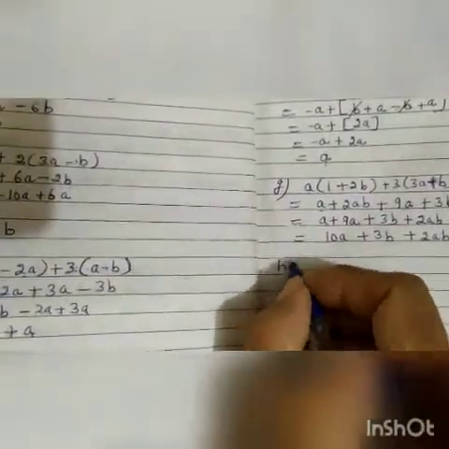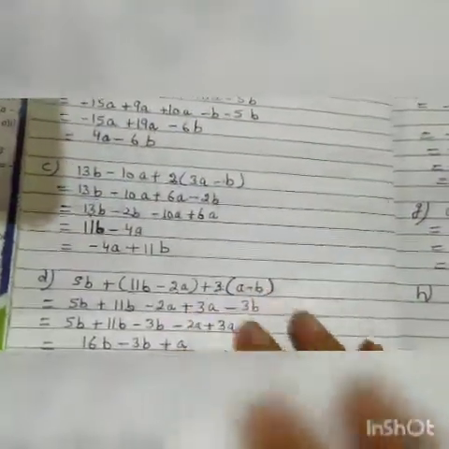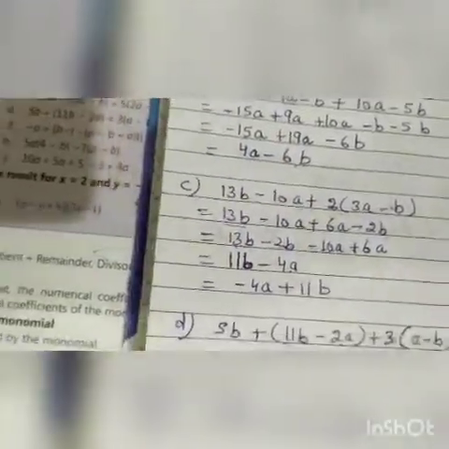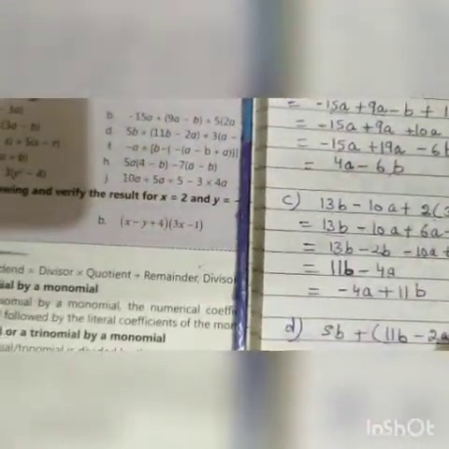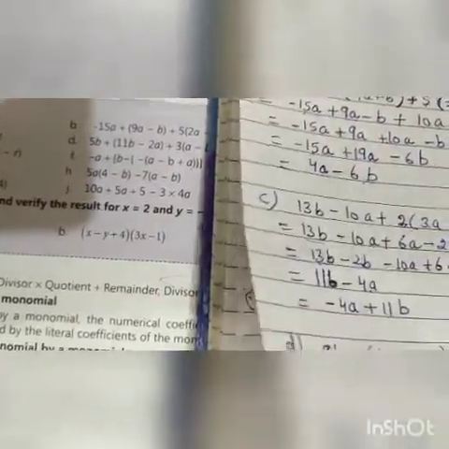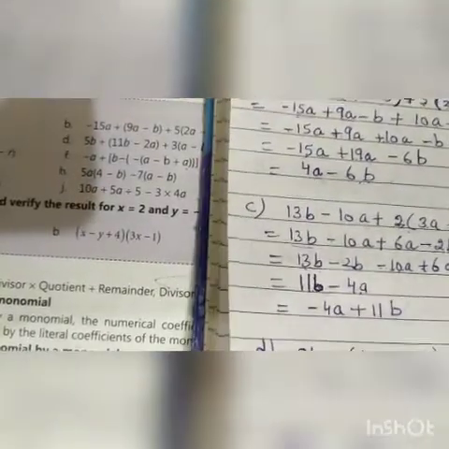Next part, H. Its H part is 5a multiplied by 4 minus b, then minus 7a minus b.